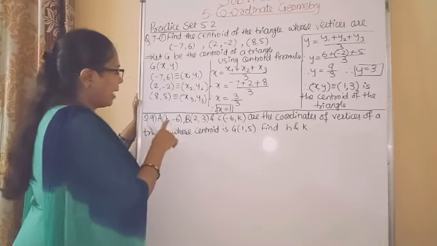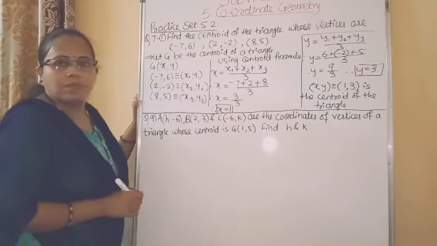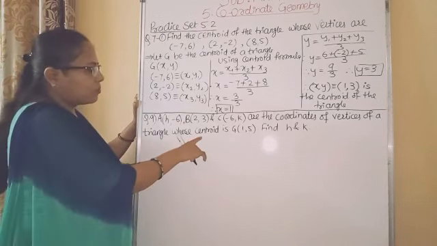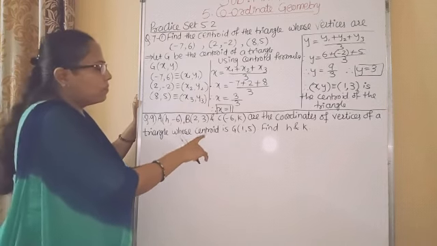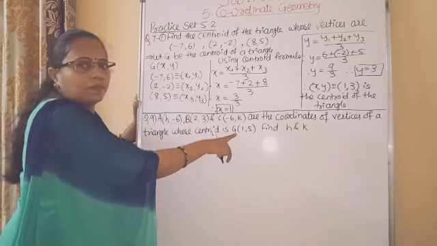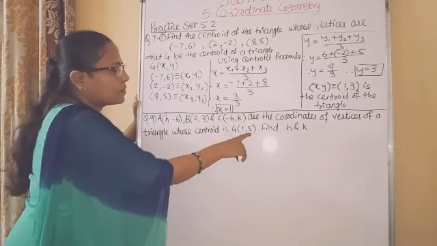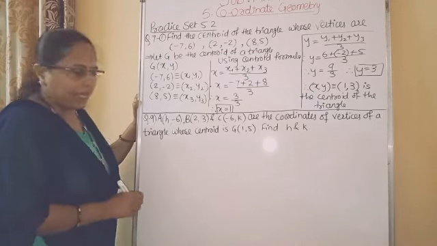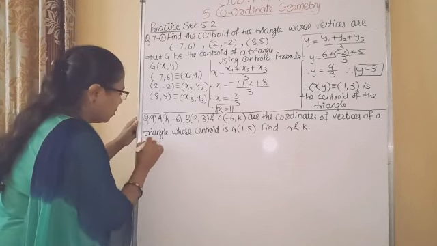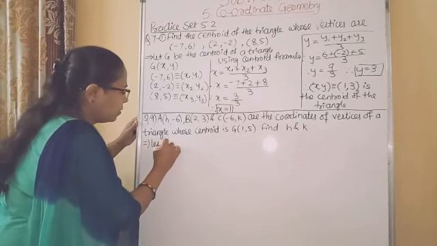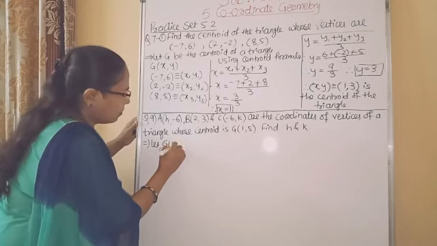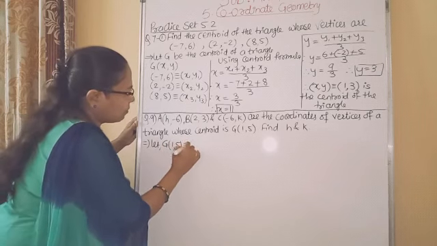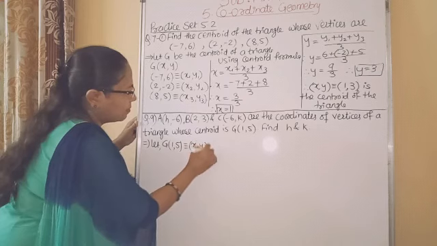So find h and k. Okay. Now again we have to use the centroid formula. Which is the centroid? G. So the coordinates of the centroid we will assume (x, y). Okay. So let G(1, 5), this coordinate we will assume (x, y).